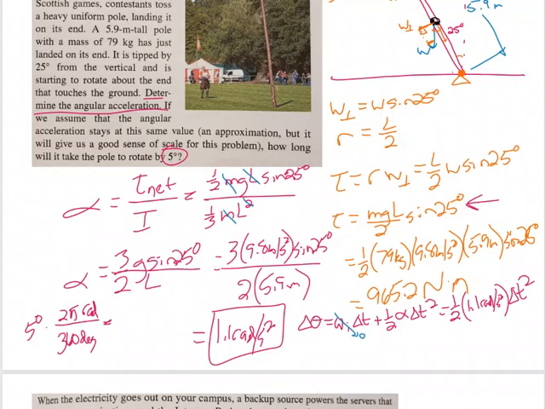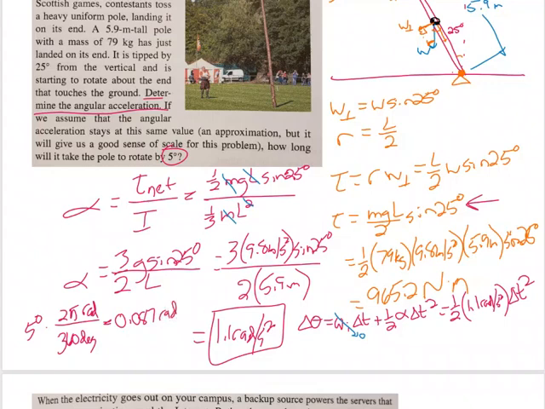Doesn't matter if you're in radians or not. So that's 0.087 radians.